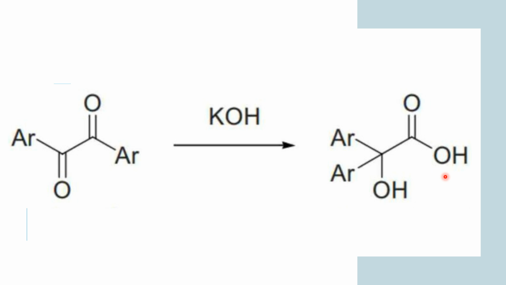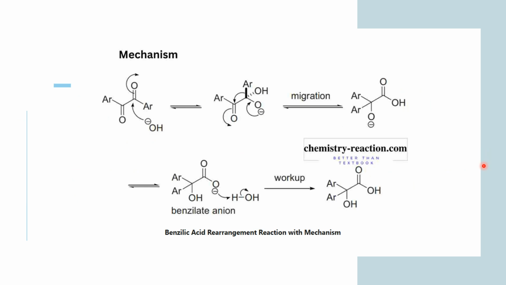Let us now move to the next question, where this compound is called benzil, and in presence of potassium hydroxide in the reaction medium, benzil is getting converted to benzilic acid. Let us see how the mechanism is going to take place.